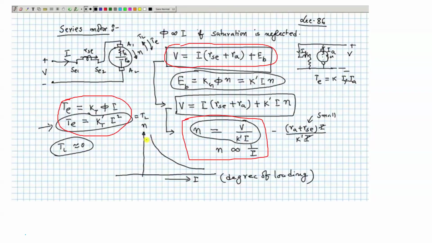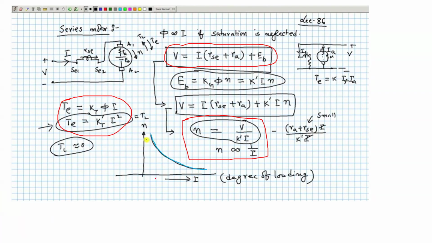Because they're inversely proportional, if you draw the speed versus current characteristics, the characteristics will come out to be a rectangular hyperbola, because it is inversely related. Now what happens when there is no load? This current I will flow whenever there is load torque. If there is no load torque, then only a very small amount of current will flow.